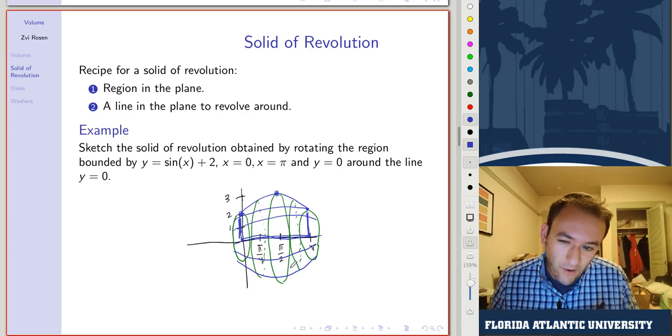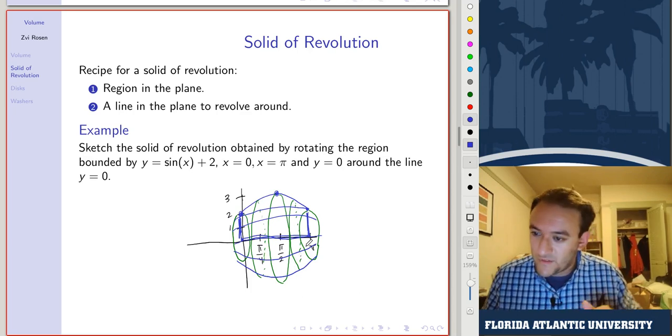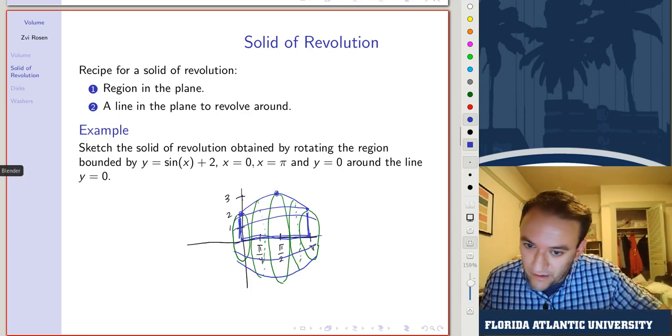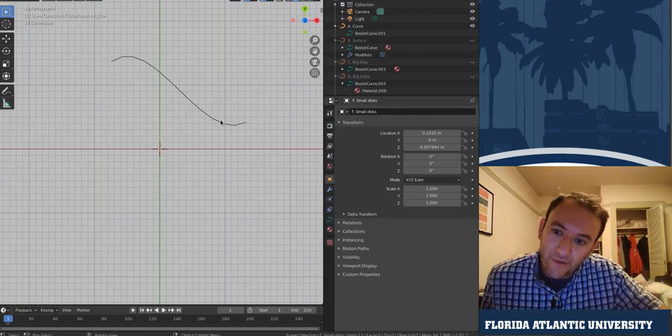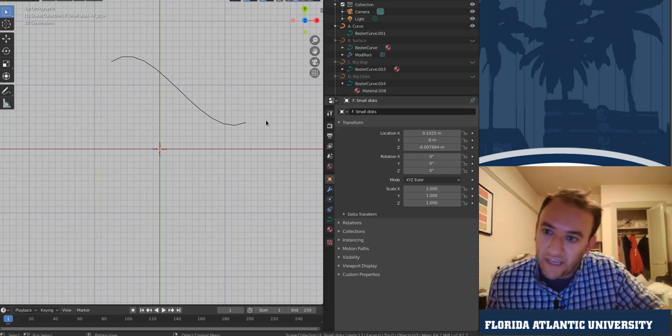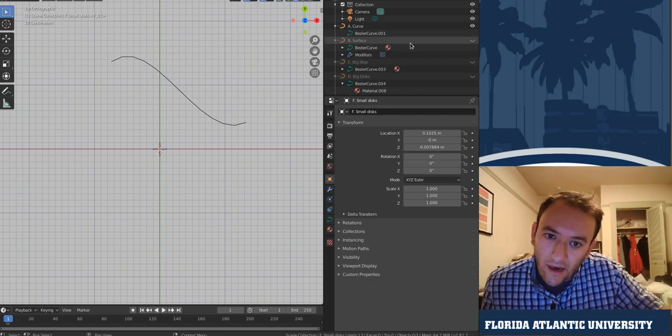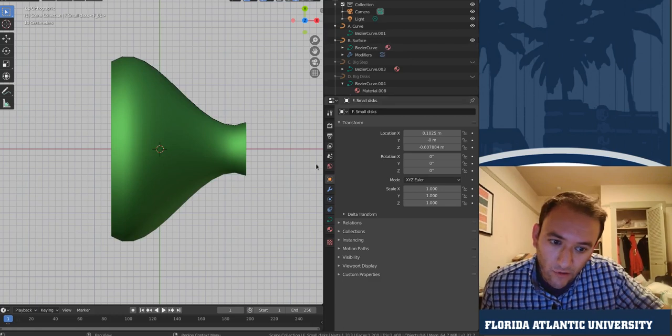This picture might not quite do it for you, so I thought we would look at this rendering software, Blender. So this is a curve sitting in the plane, and this is what we would get if we rotated it around.